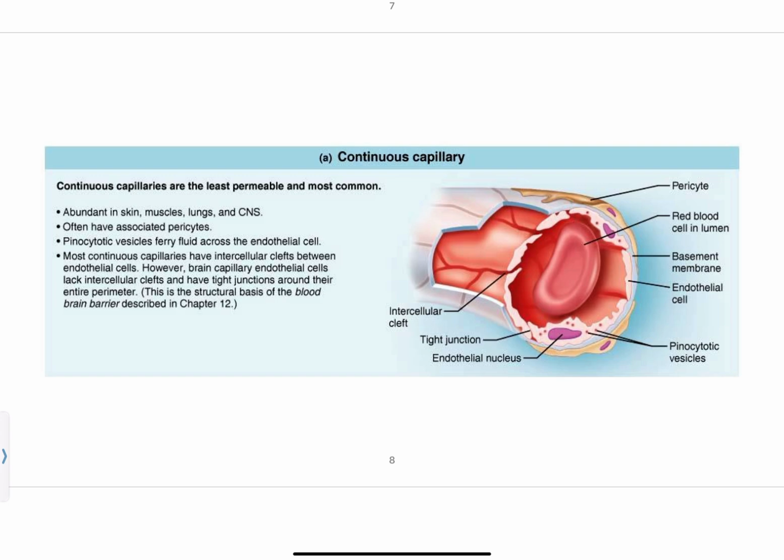They're found in areas like our skin, muscles, lungs, and even our central nervous system. They have uninterrupted endothelial linings and the tightest junctions, making them ideal for areas where controlled exchange is needed, such as our blood-brain barrier. This is going to feature almost impermeable continuous capillaries with very limited clefts.